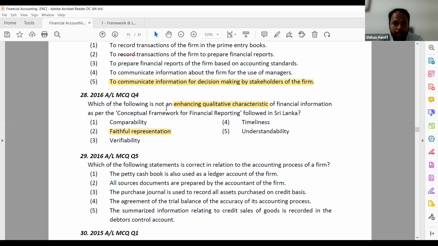Carefully read the question. They're asking which is not an enhancing. There are two fundamental: relevance and faithful representation. So faithful representation is not an enhancing.